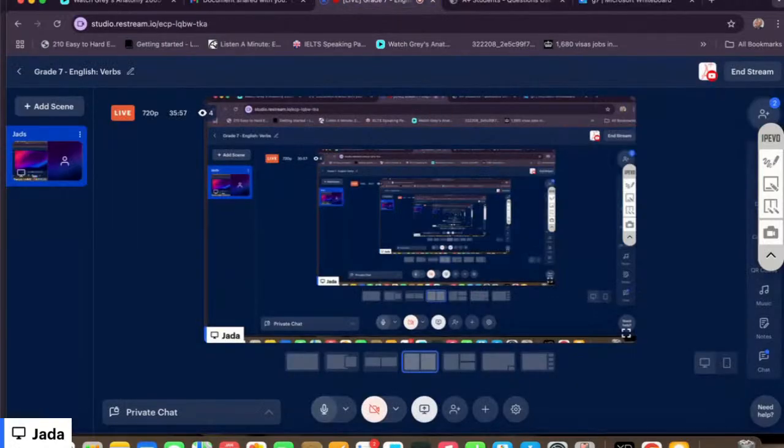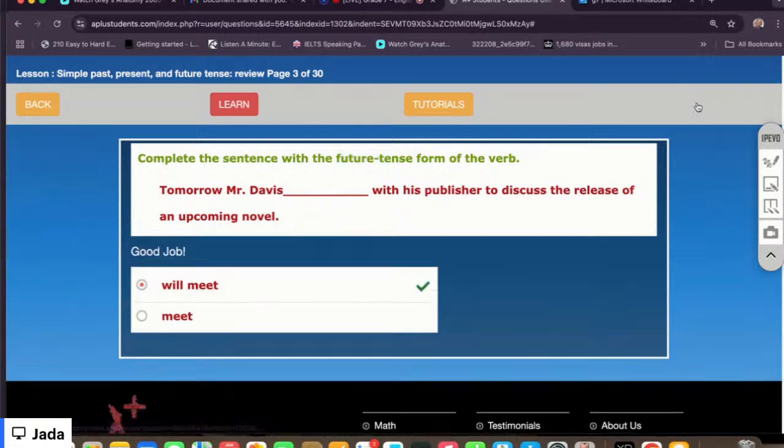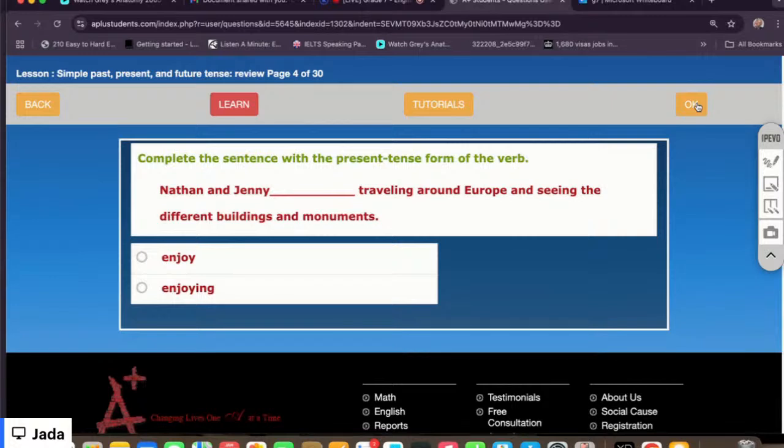Okay. Tomorrow, Mr. Davis dash with his publisher to discuss the release of an upcoming novel. Future tense also, so it has to be will meet. Because remember that future tense always has will attached to it.